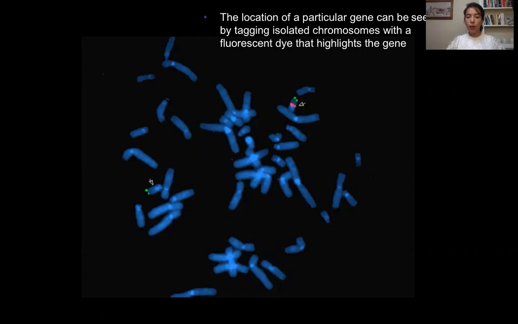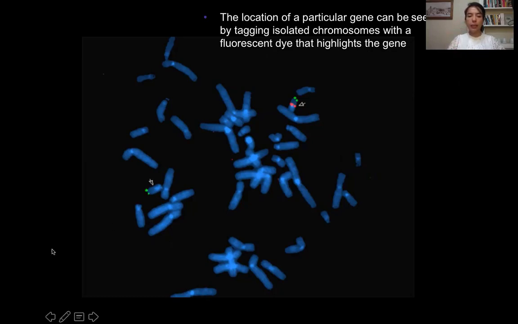And you can use some probes, some pieces of DNA, some information of a particular gene, maybe, that you are interested in, and you can add some fluorescent dye to this probe, so that when you hybridize this section, you can identify the position of a particular gene in a chromosome.